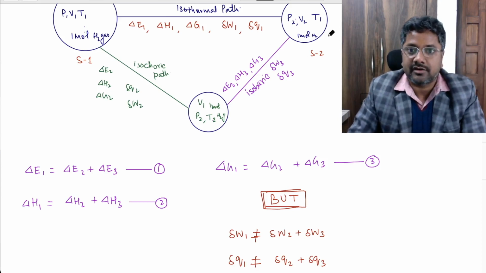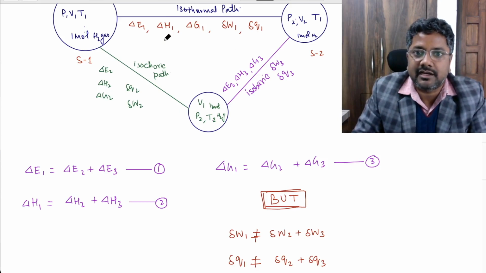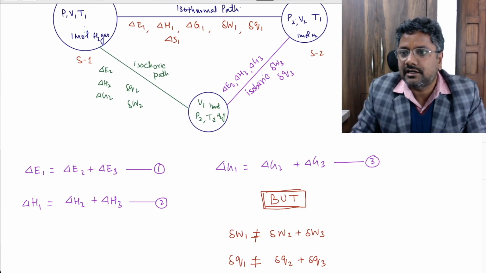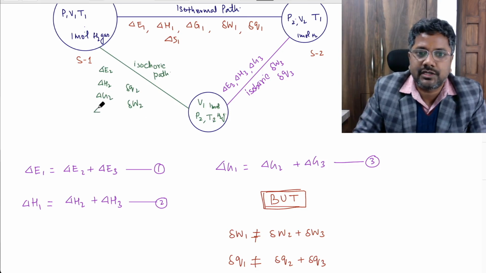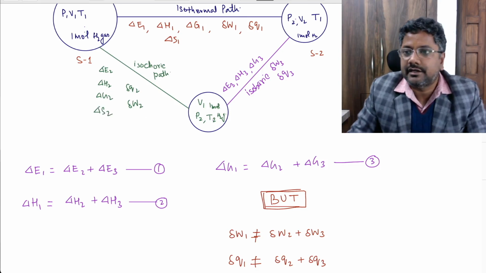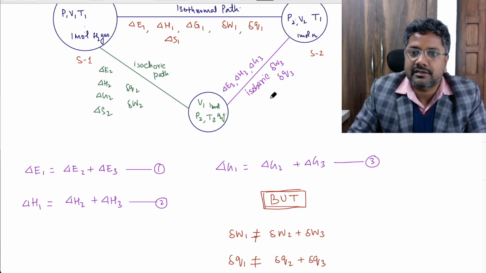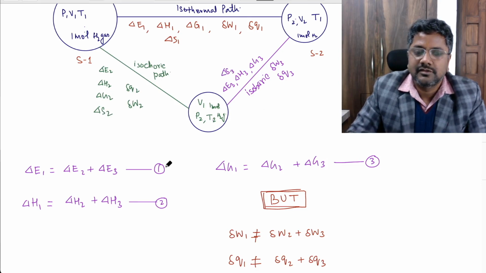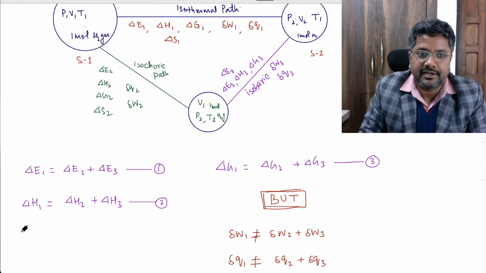What I have forgotten, this entropy, delta S1 here, delta S2 here and delta S3 here. So we can write here delta S1 is equal to delta S2 plus delta S3.